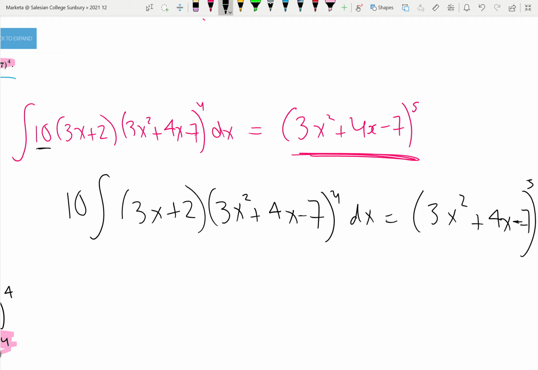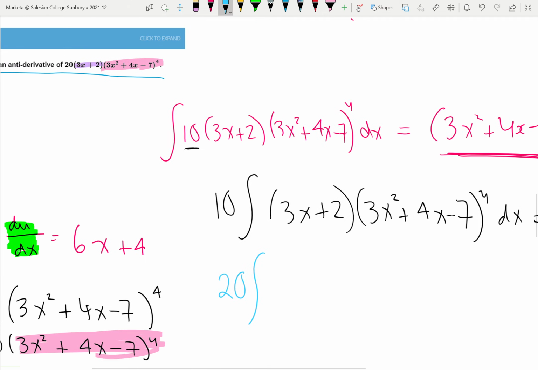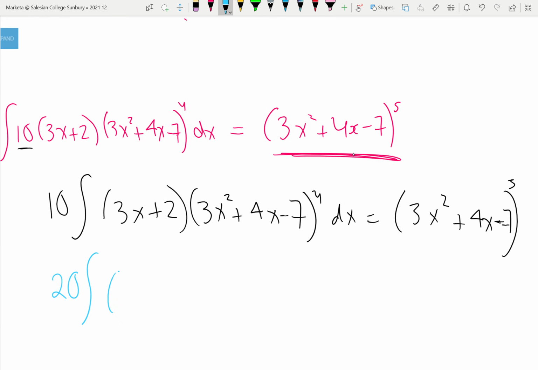What I want to antiderive is not this. It's actually very similar though. Let's choose a different color and write it underneath. I believe it was 20. Let's double check that. Yes.